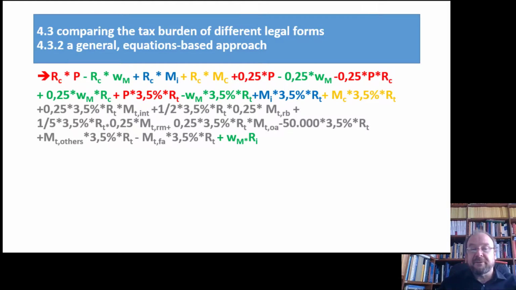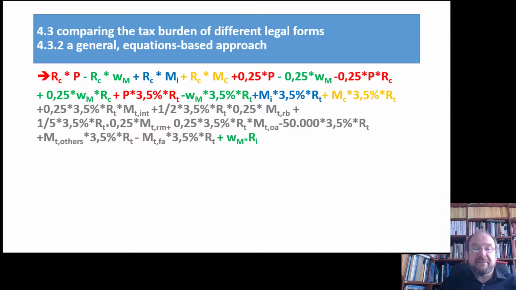Then the modifications for corporation tax are in yellow, and the modification for income tax in blue, and the minor modifications in gray.